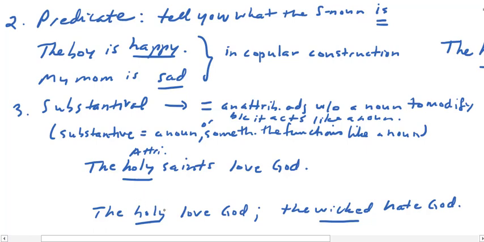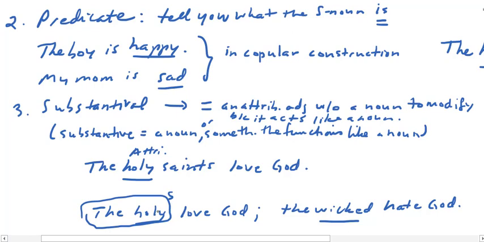So here I have the attributive adjective holy. Is there a noun that holy is modifying here in the holy love God? No, there's no noun, right? I've omitted saints. And there's no noun to be the subject. What's the subject of this first clause? It's the holy, right?